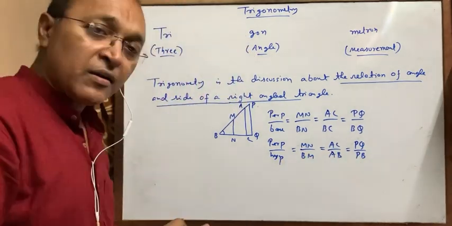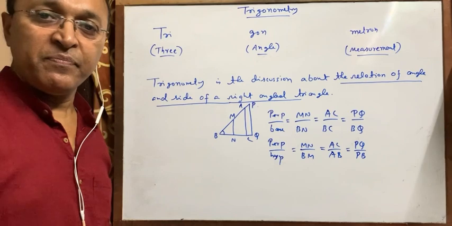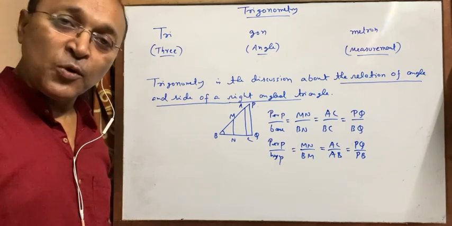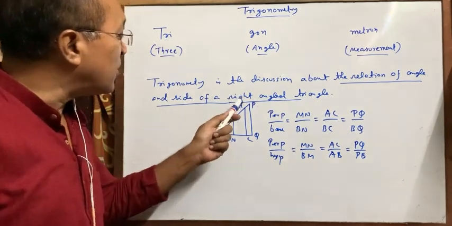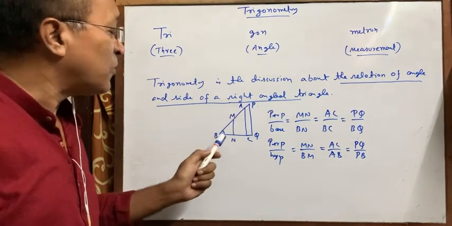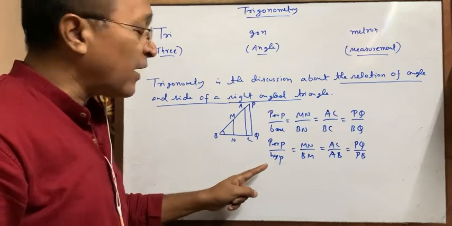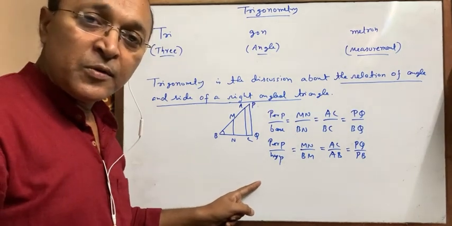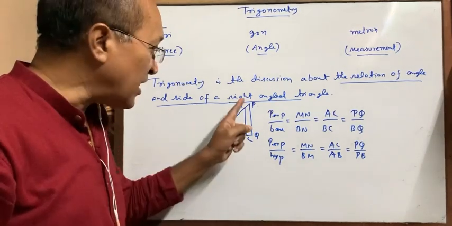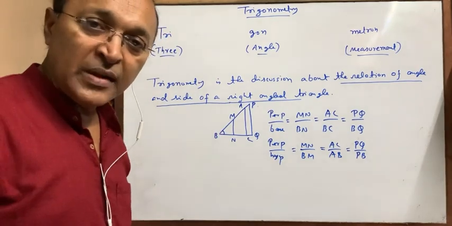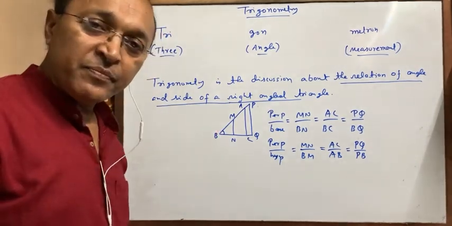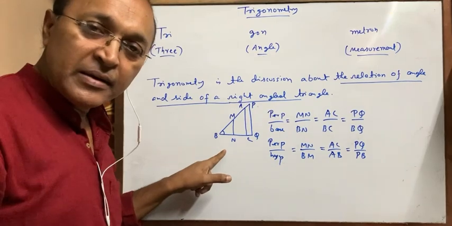All these ratios are same. But you know that MB is not equal to AB, not equal to PB. So the ratio of perpendicular and hypotenuse here doesn't depend on the size of perpendicular and hypotenuse, it depends on the angle. This particular angle, angle B.